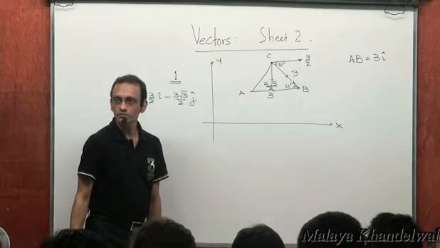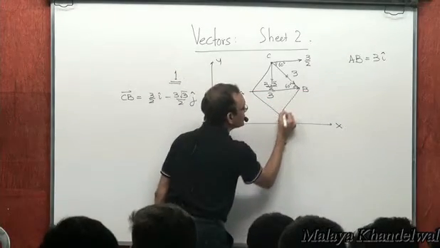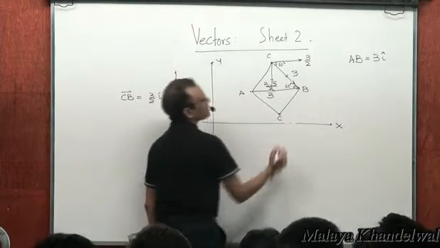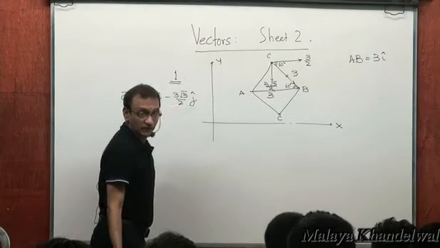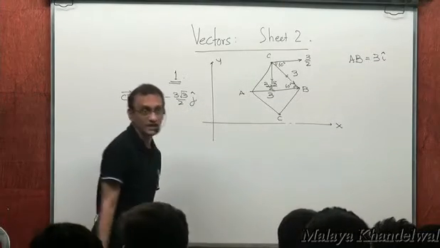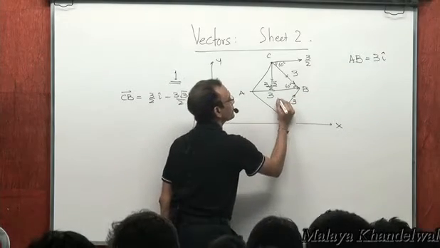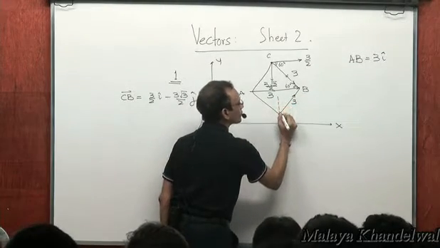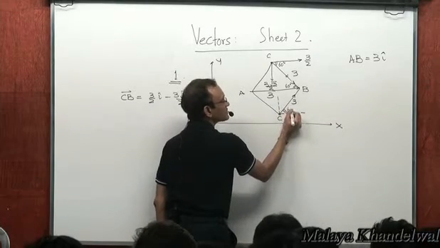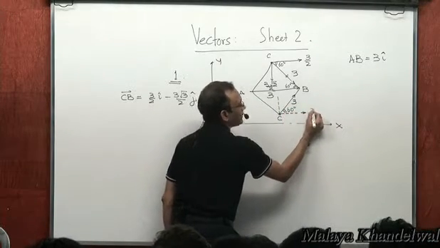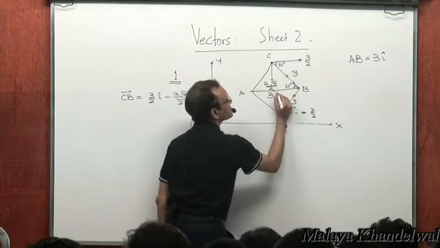The second prospect of C being here is another possibility. C could also be below AB, again giving you an equilateral triangle of 3 units side, right? This would be 3 units this way. This is 60 degrees, so again 3 cos 60 degrees this way and 3 sine 60 degrees this way.